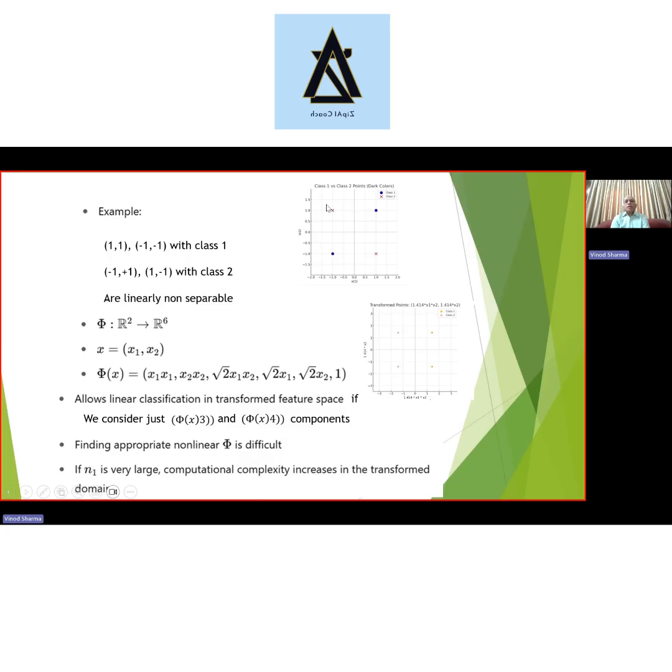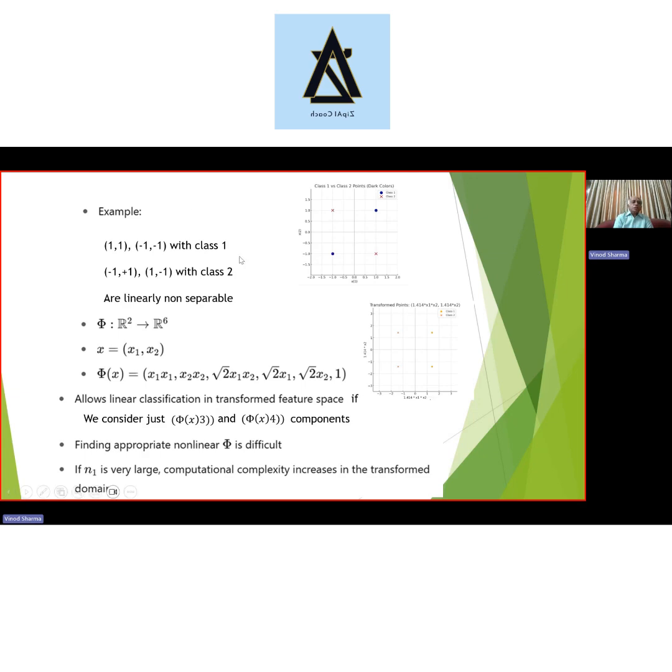Now, if you plot them, this is the first component, this is the second component, x2. These represent one class, and these represent the second class. Looking at this data, you can see that there is no linear line which will classify these properly. You can, in fact, mathematically prove it.